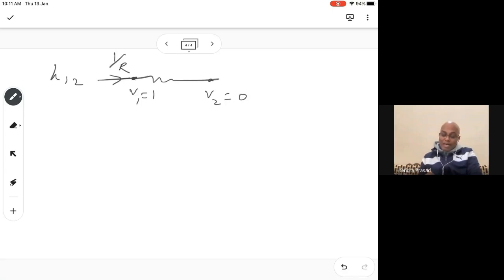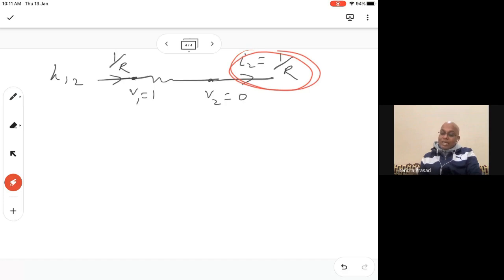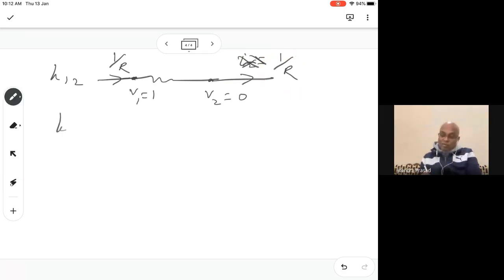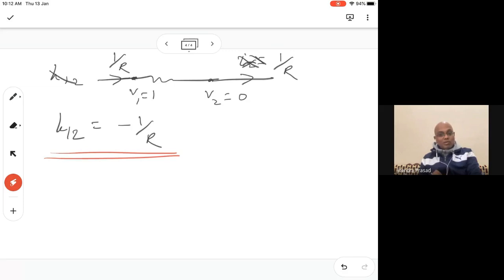Whatever current comes in here has to go out, so I2 in this case will be 1 over R. But since it is going out of the system, we just see that the current going out is 1 over R, and hence K12 equals minus 1 over R. That's why the minus is coming.